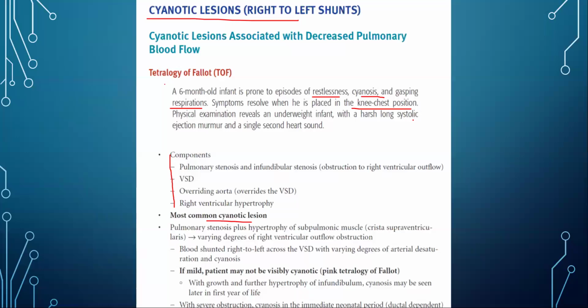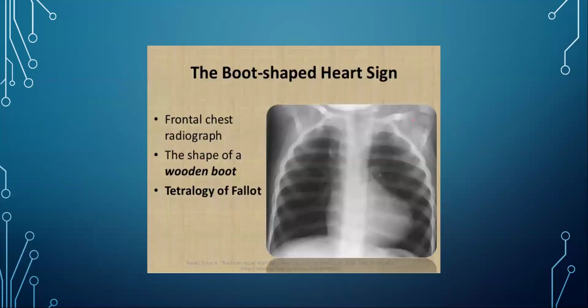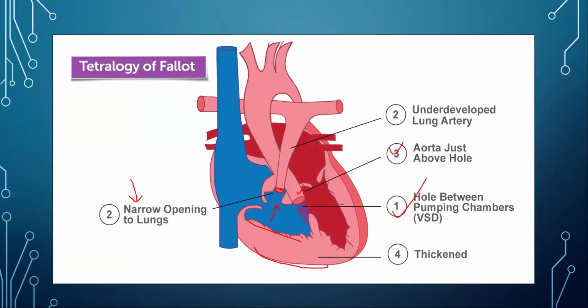Why does the knee chest position help this kind of children? Because when you put the child in a knee chest position, you increase the systemic vascular resistance, which means it is hard for the heart to send the cyanotic blood into the aorta.